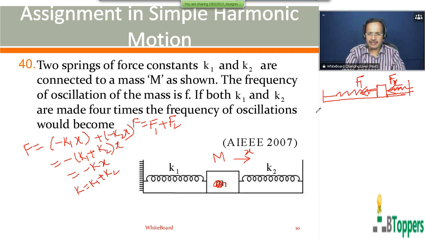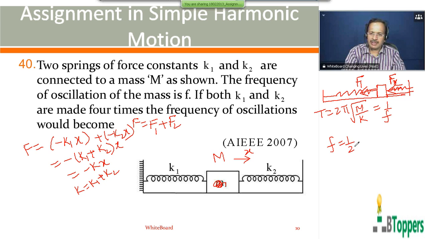The time period of oscillations of mass M suspended by spring is given by 2 pi root of M by K. The frequency is the reciprocal of the time period.